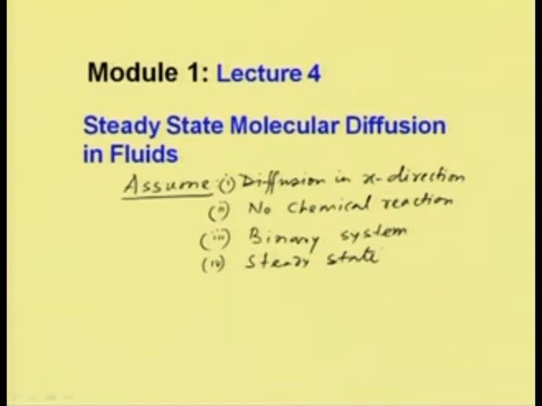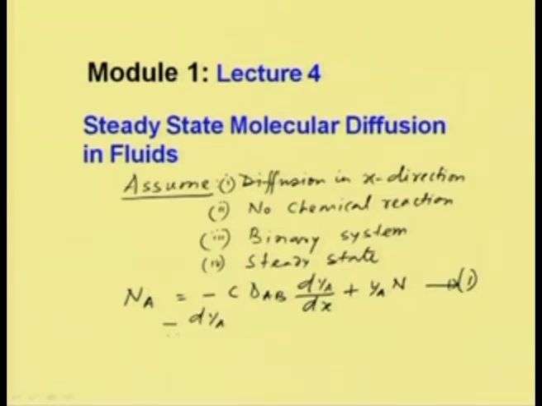Then for diffusion of a particular species A, we can write NA is equal to minus C DAB dYA dx plus YA N. Now, if we separate the variables, we can write minus dYA by NA minus YA N is equal to dx divided by C DAB.